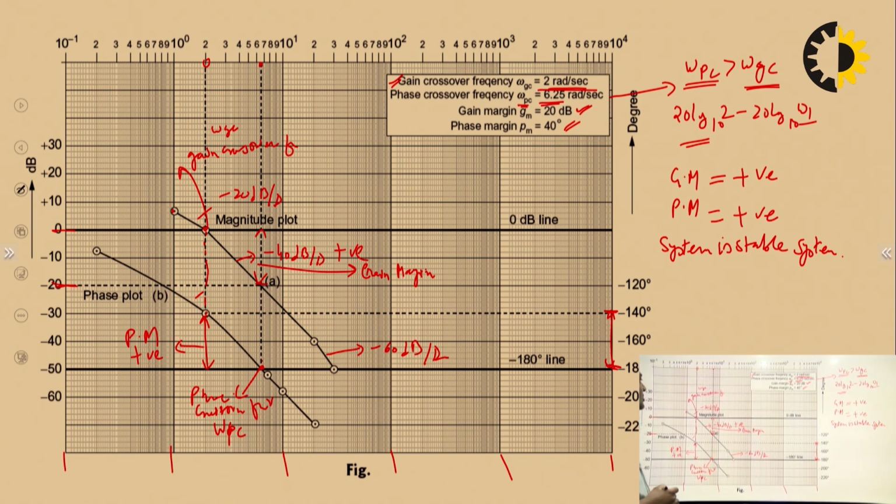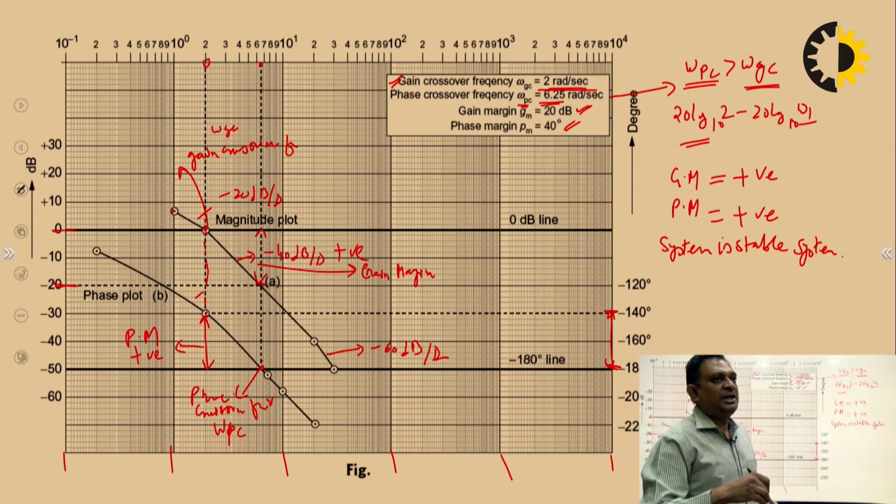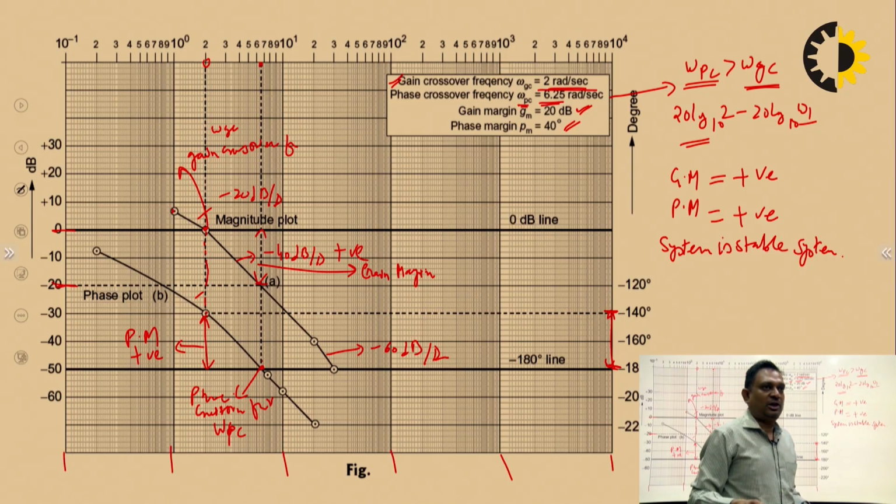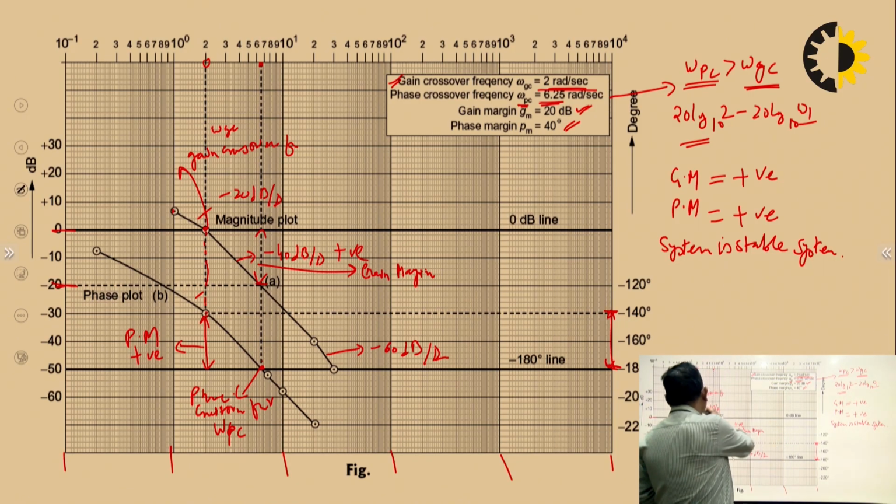In the case of the magnitude plot, why have we chosen this particular method? Because while drawing lines based on slopes, there is no requirement to find the magnitude at each and every frequency value. These asymptotic straight lines describe the magnitude plot.